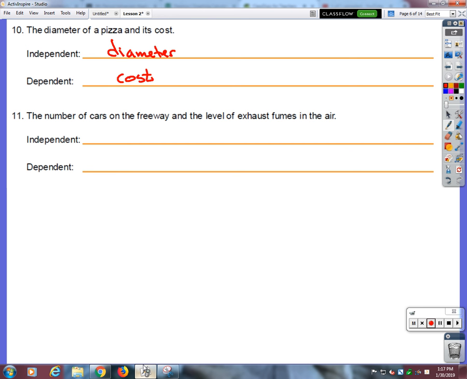McKenna? Number of cars on the freeway and the level of exhaust fumes in the air. Number of cars is independent and the exhaust level is dependent. The exhaust level depends on how many cars there are, yeah.